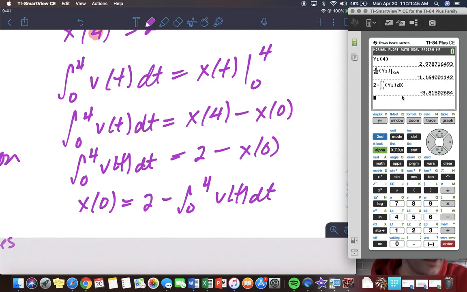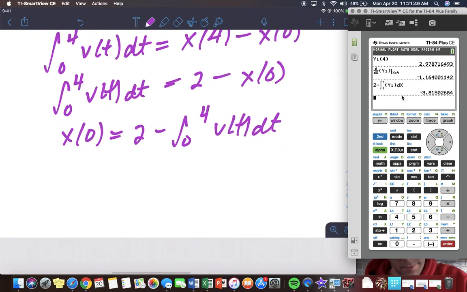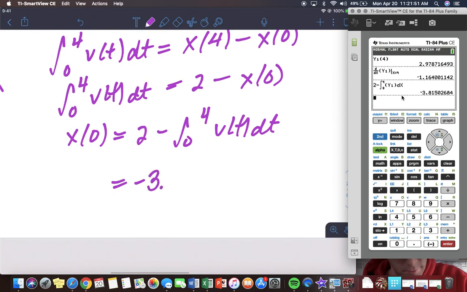Let's see if this works. Yep, negative 3.815. Okay, so that's the new position. So that's the position at x equals 0.